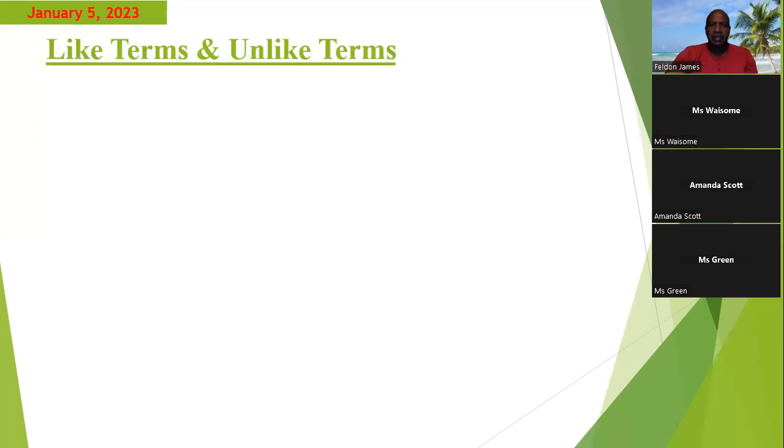All right, now we also talk about like terms and unlike terms. When you look at all of these 3 terms, can we say that these 3 terms are the same? Anybody? No, sir.